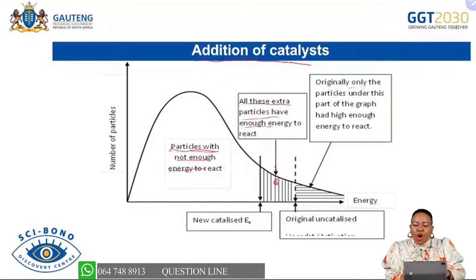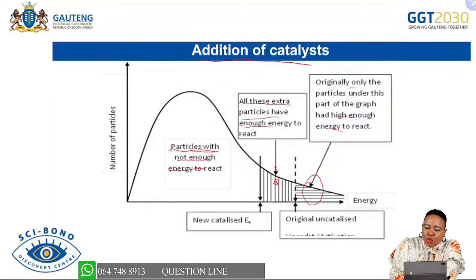And originally, only particles under this graph have high enough energy to react. So a catalyzed graph is the one that will show a lower activation energy of reacting particles, whereby there will be more particles with sufficient energy, which is greater than or equal to activation energy.